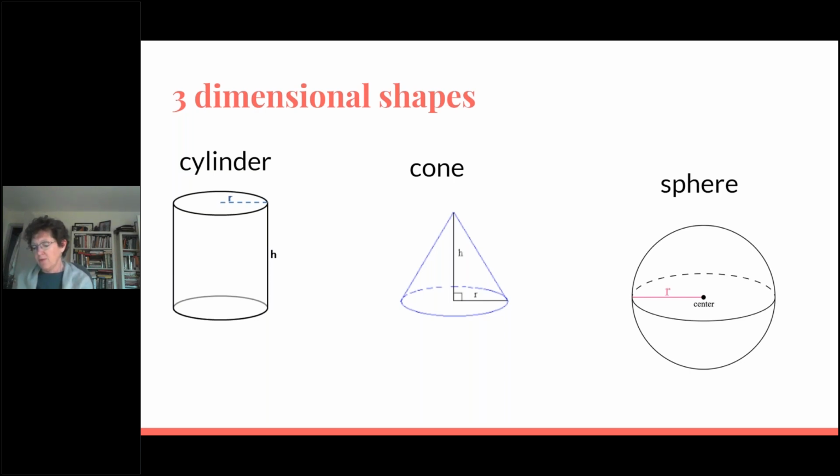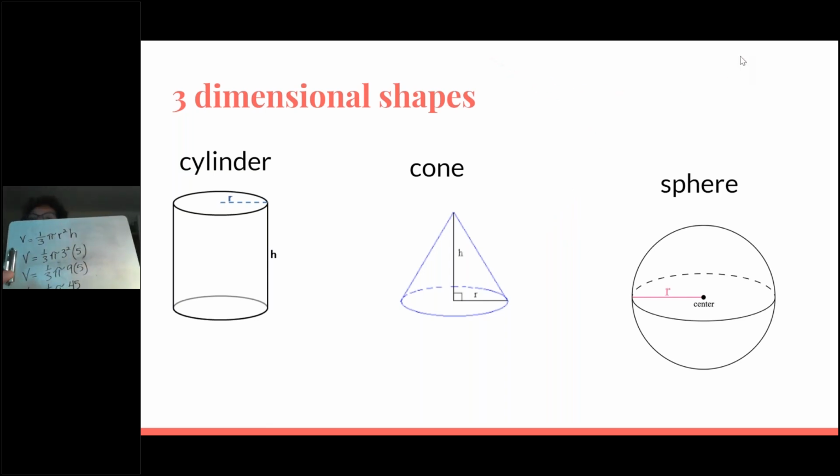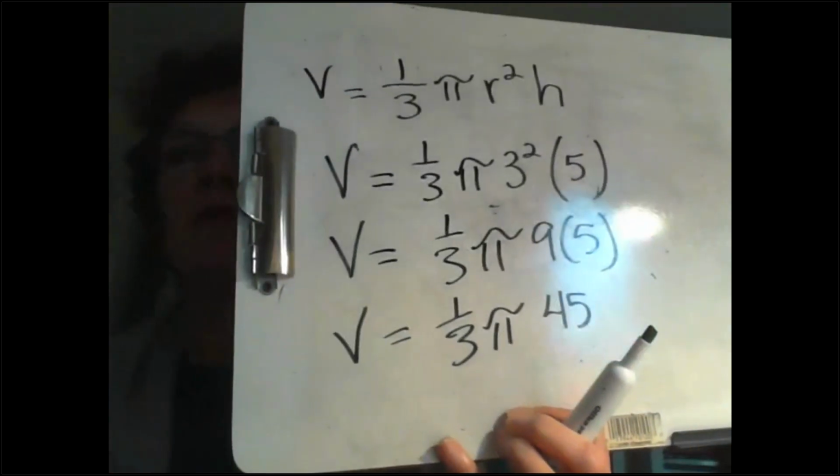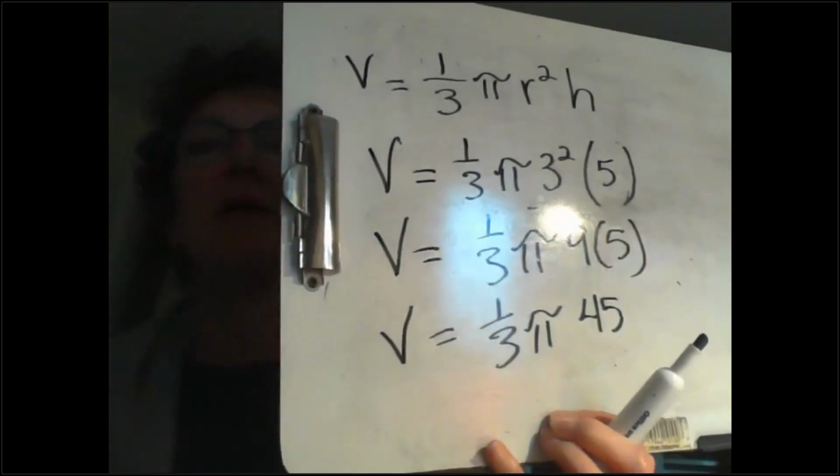Volume equals 1/3 pi 9 times 5. What's 9 times 5? 45. 1/3 pi times 45. And so 1/3 of 45 is 15. So 15 times pi.